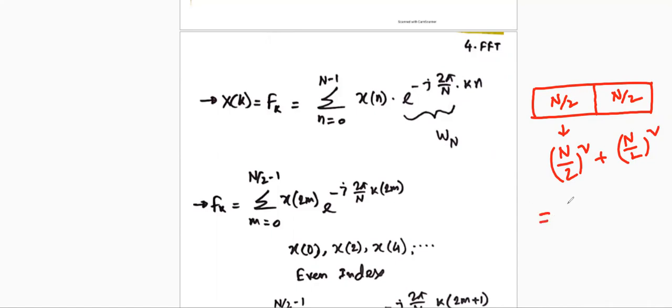So let's calculate that. This is N squared by 4 plus N squared by 4. Sorry, it should be 4. So then we have N squared by 2. You can find that this is half of the previous one. So the total multiplications is now reduced in that way. So what we have achieved with these even and odd indexes is that we can reduce the total number of multiplications, and that is our objective.